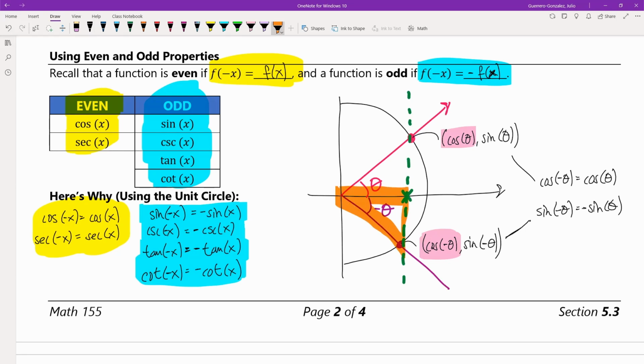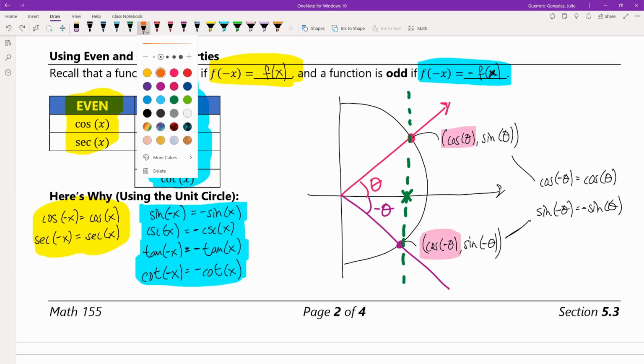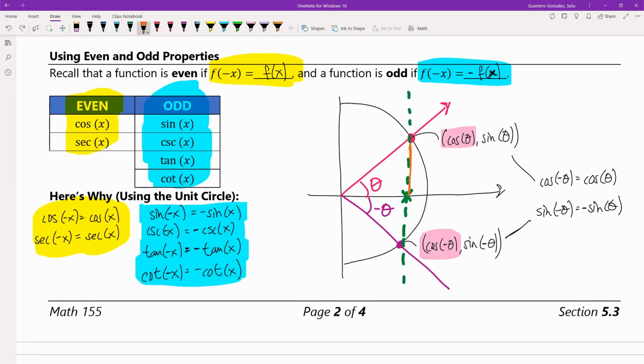It's just one is pointing upward and the other is pointing downward. But that gives us what we need. The same amount that we went up this way is the same amount we went down this way, and the only difference is we went down an angle. We went down theta instead of up theta.